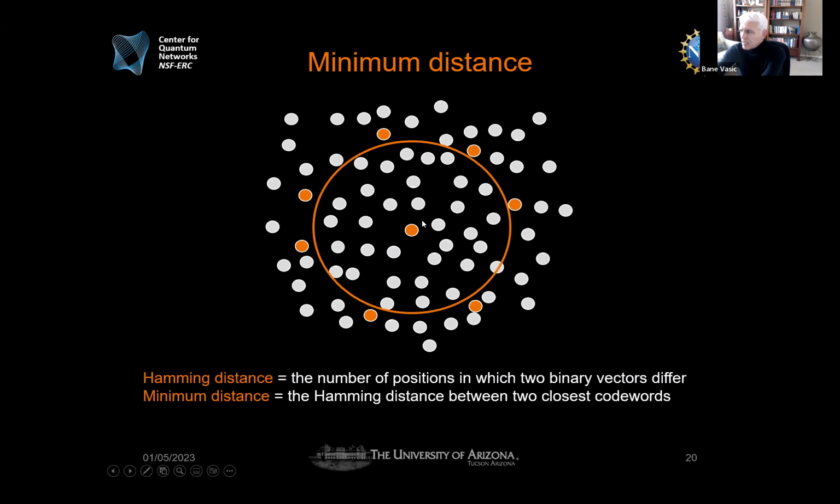This distance that I show here is the number of bits in which they differ. This is called Hamming distance, the number of positions in which two binary vectors differ. The performance of the code, as you will see later, will be determined by the distance between the closest code words. So the minimum distance is the Hamming distance between the two closest code words.